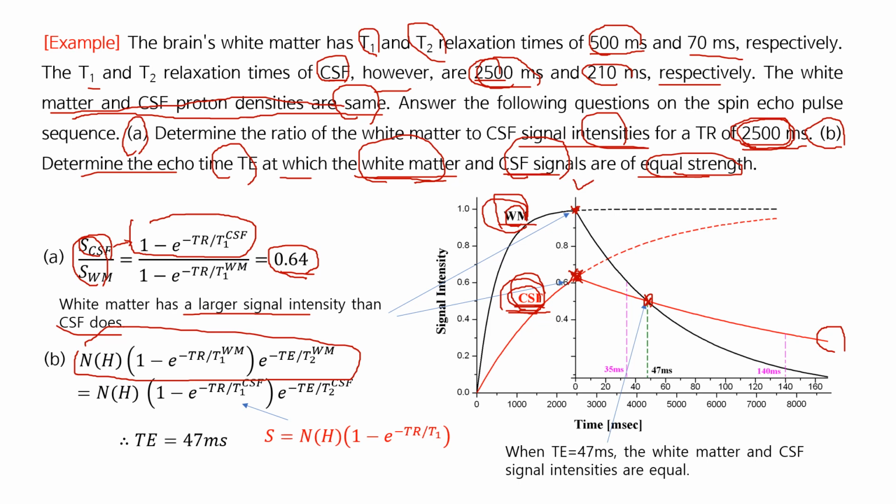The signal intensities are the same, so we can set them equal and put in the numbers here. Then we can get TE as 47 millisecond. So at 47 millisecond, the two echo signals become the same intensity. Okay. So when TE equals 47 millisecond, the white matter and the CSF signal intensities are equal.